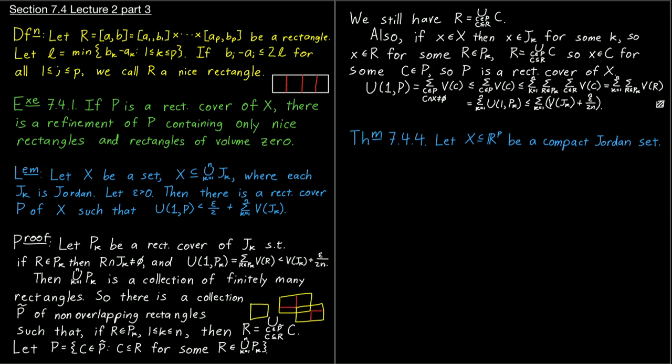Now let's suppose there is an open set G that contains X. And let phi be a function whose domain is all of G, going from G to Rp, continuously differentiable.